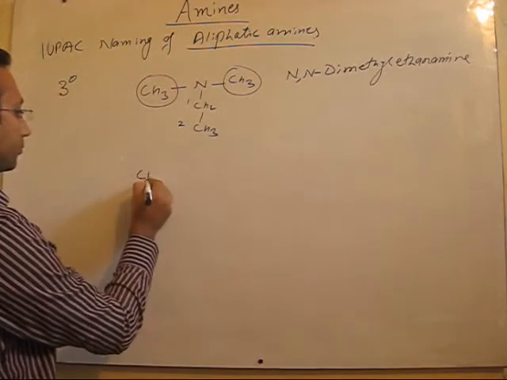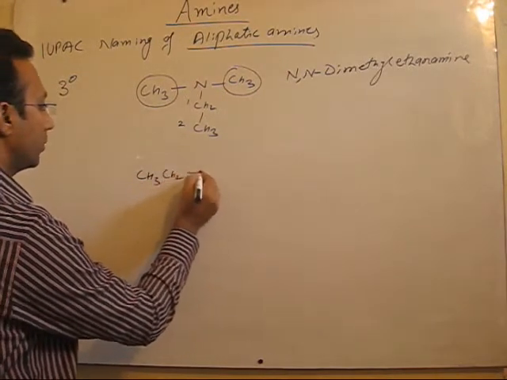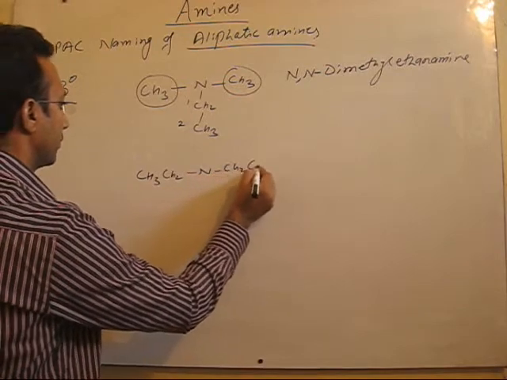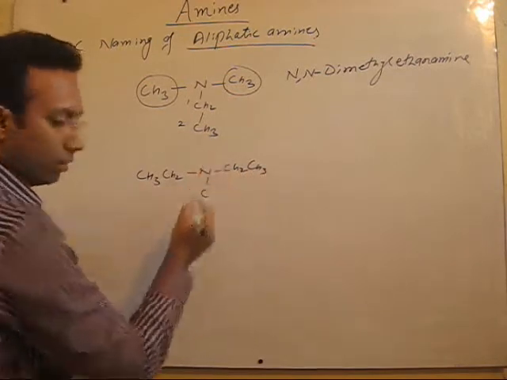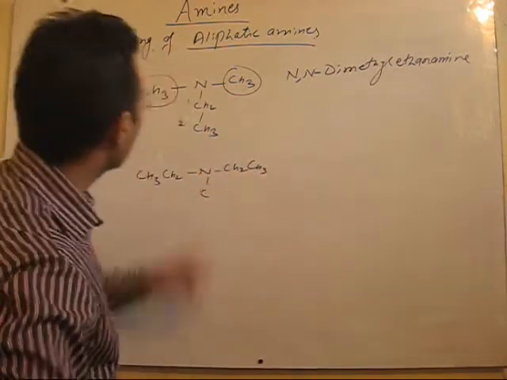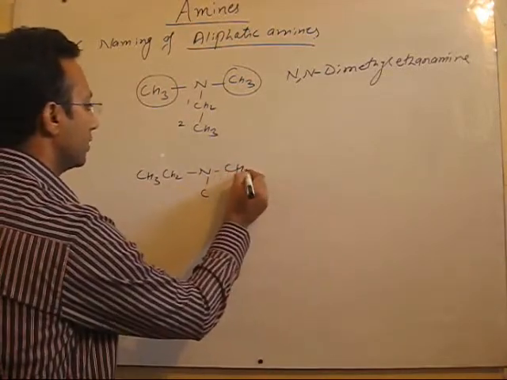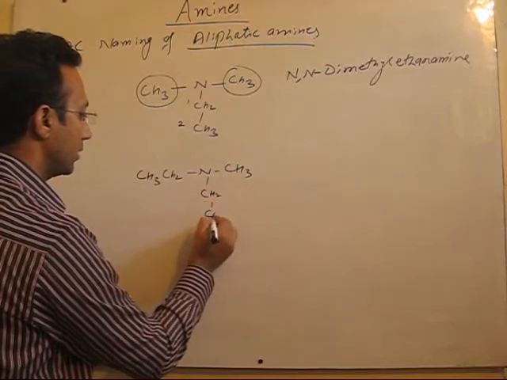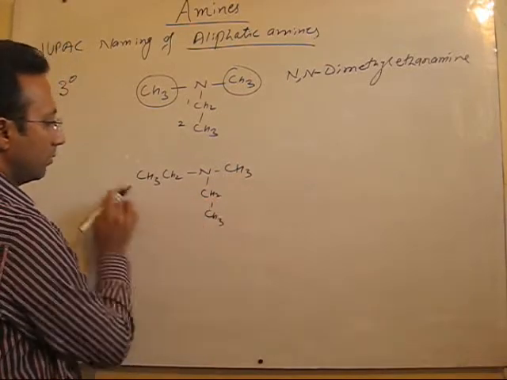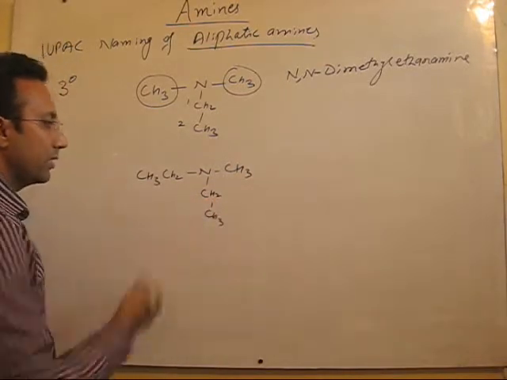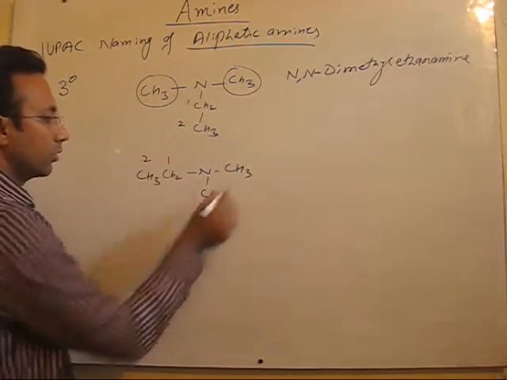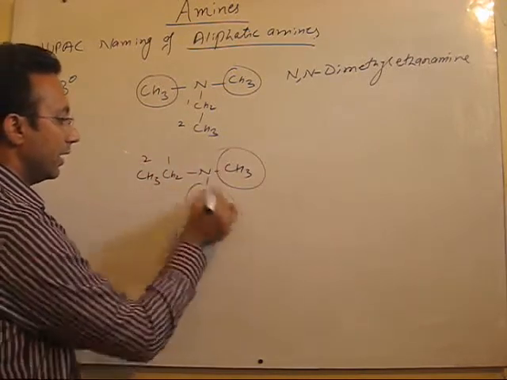Now suppose all the 3 groups are same, or I have taken 2 groups same, say one is different here, CH3, CH2, CH3. These 2 are same, right? So you can take anyone as a chain, 1, 2. So you have to mention here ethyl and methyl.